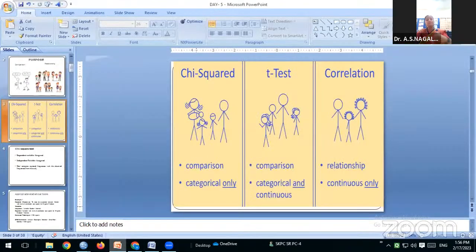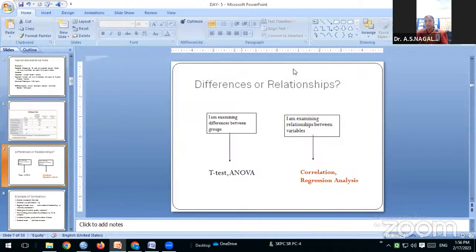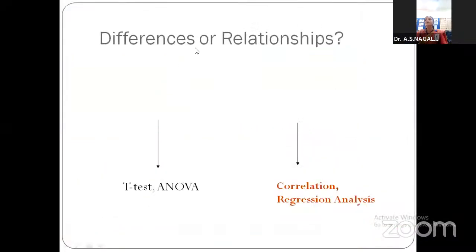Then we'll go to correlation. When you say differences or relationship, we'll try to use t-test, ANOVA, correlation, and regression.